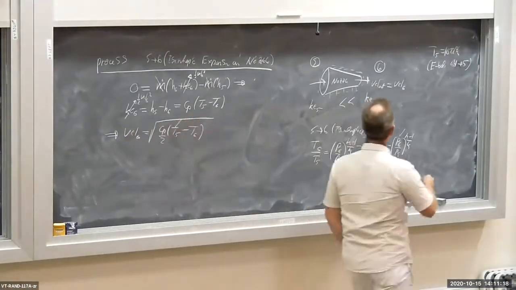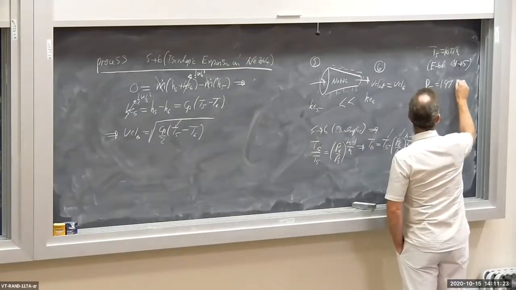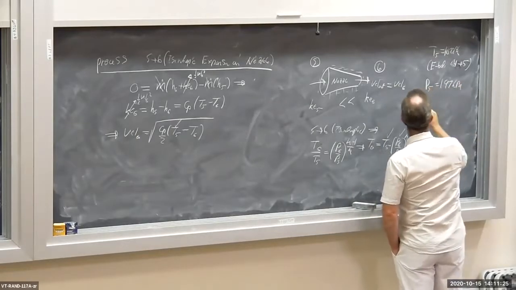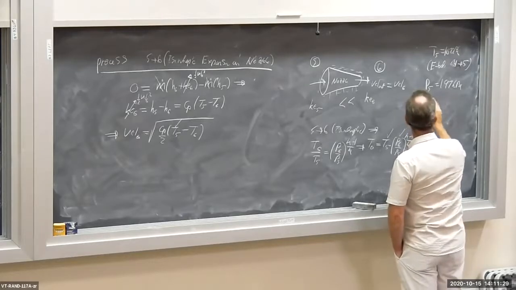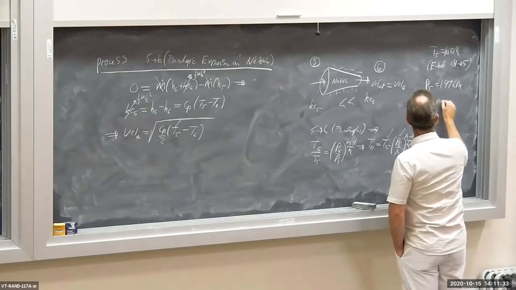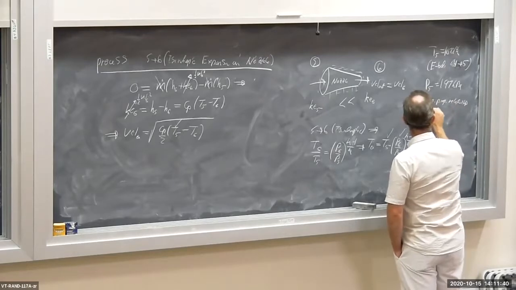P5 is 197 kPa. And how might I get that? Use the isentropic relationship for process 4 to 5.